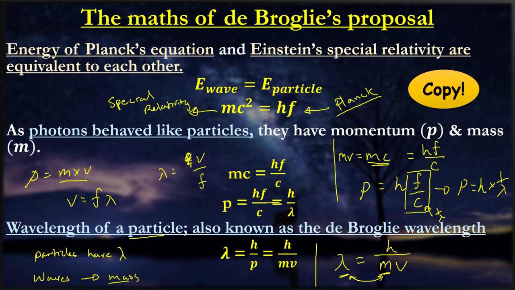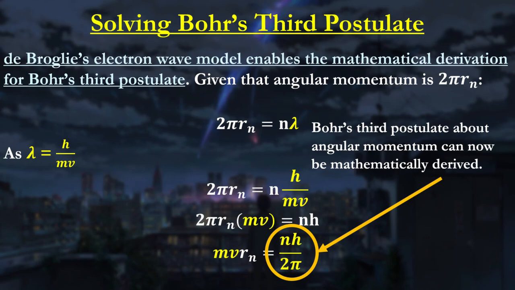Okay, so the reason why this equation is really important, if we implement it into Bohr's third postulate, Bohr's third postulate about angular momentum, was that there was this formula here. So nh divided by 2 pi was the angular momentum of the electron in circular orbits.